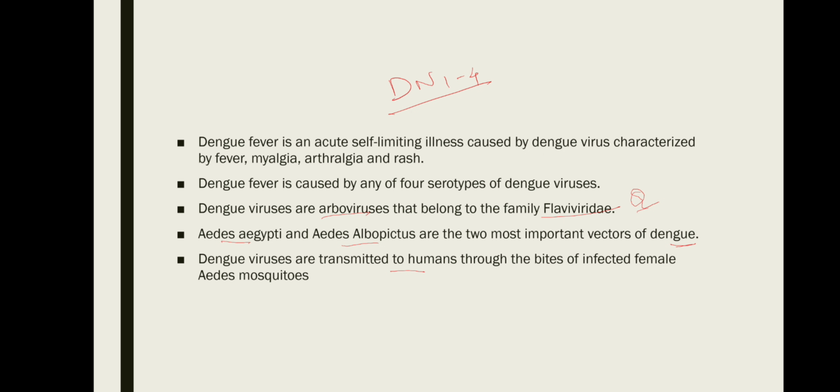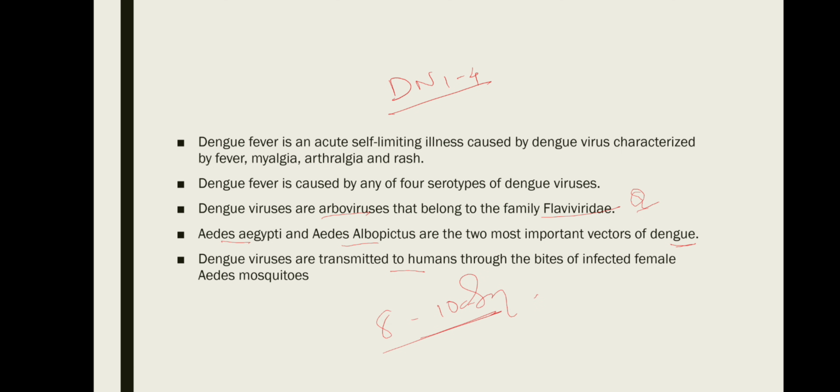After taking the blood of an infected patient, the virus stays in the mosquito for an incubation period of 8 to 10 days. After this period, the mosquito becomes infective, and it can infect other human beings. So the incubation period is 8 to 10 days for dengue fever.